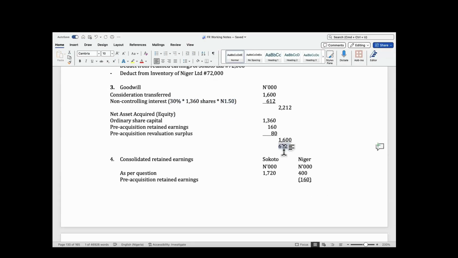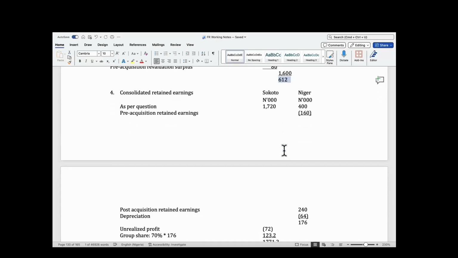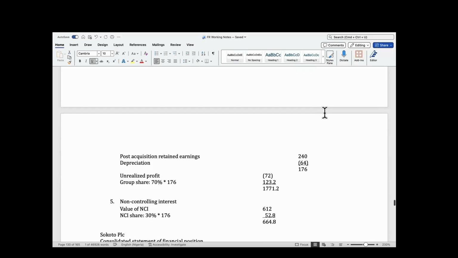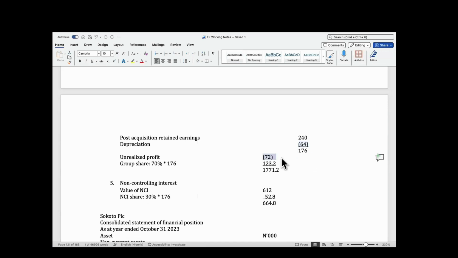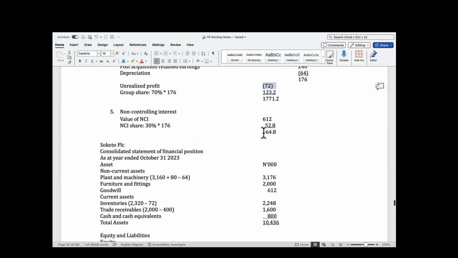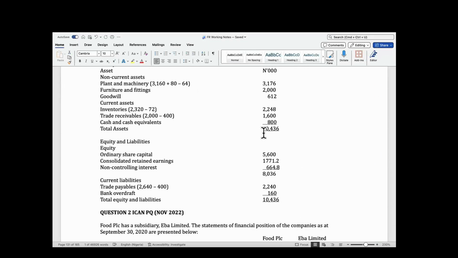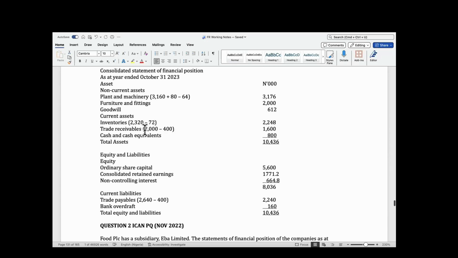So it gives us a goodwill of this. Then consolidated retained earnings as usual, remove the pre-acquisition reserves, remove the depreciation from the subsidiary because of that under-depreciation. Then the unrealized profits removed from Sokoto because it was the one that sold. Then we get NCI, and that's it. And in the receivables, while we are adjusting for what we need to adjust for, you will see that in trade receivables I remove 400, and in payables I remove 400, like that.